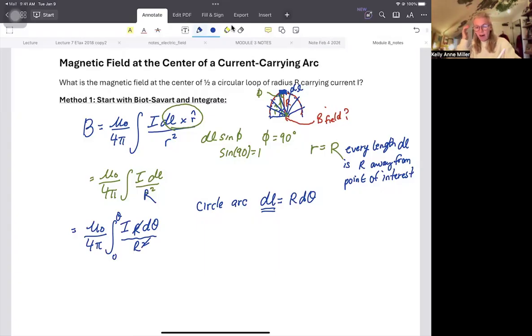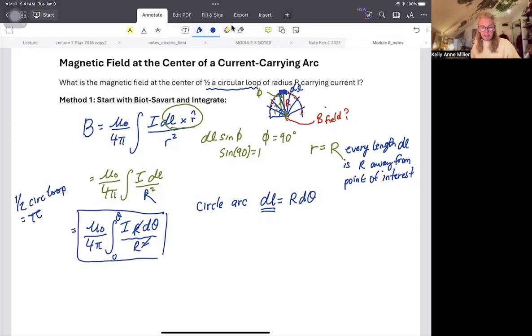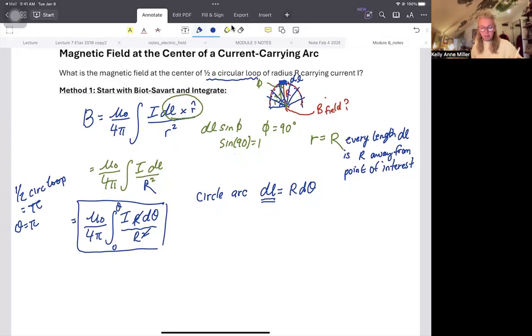If I want the half of a circular loop, then that's just going to be pi, because all the way around the circle is 2 pi. So half of a circle loop is equal to pi. I'll get the general form from this integral, and then substitute in theta equals pi to get the answer for the half circle.